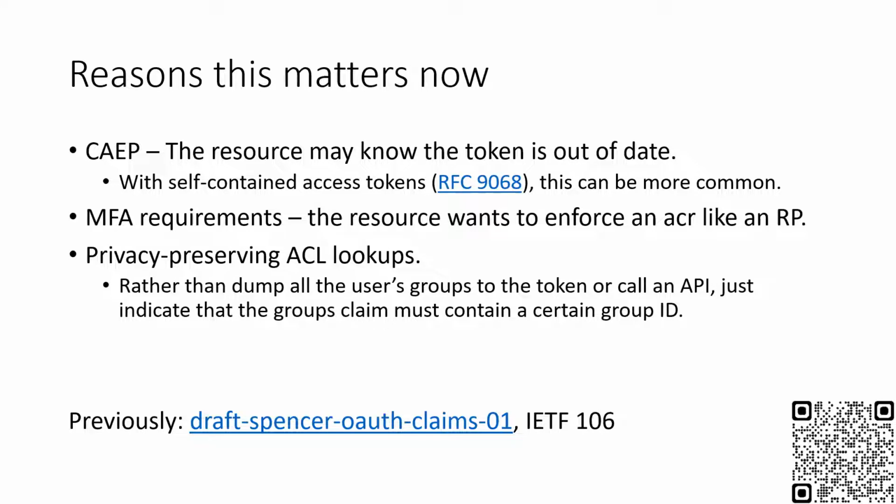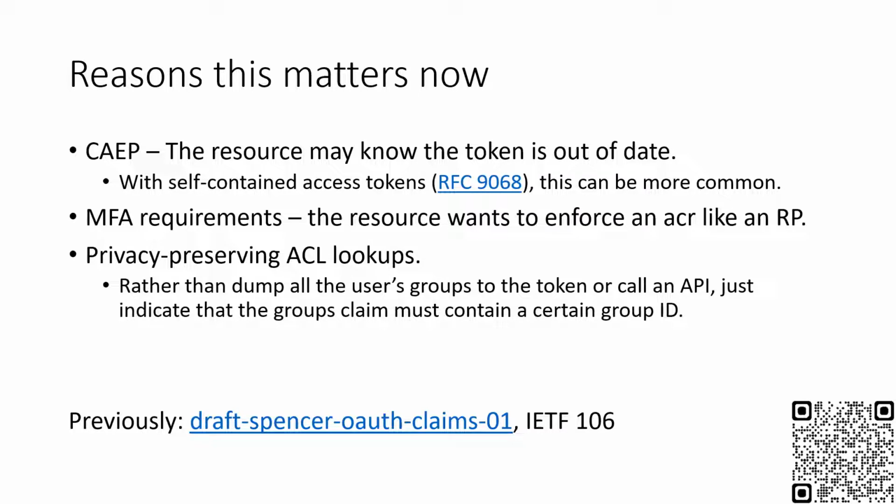There's a bunch of reasons that we would like this to be expanded beyond just MFA and auth time or max age. One is CAEP, right? So these long-lived tokens that are not dependent upon an introspection endpoint to tell you, hey, this token is no longer valid, are coming onto the scene.